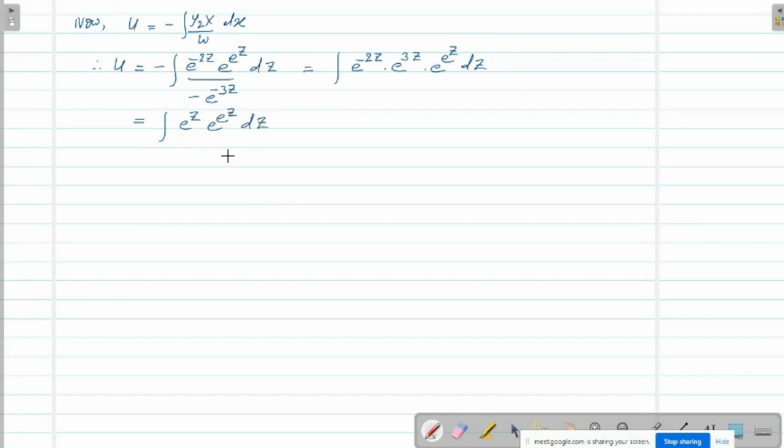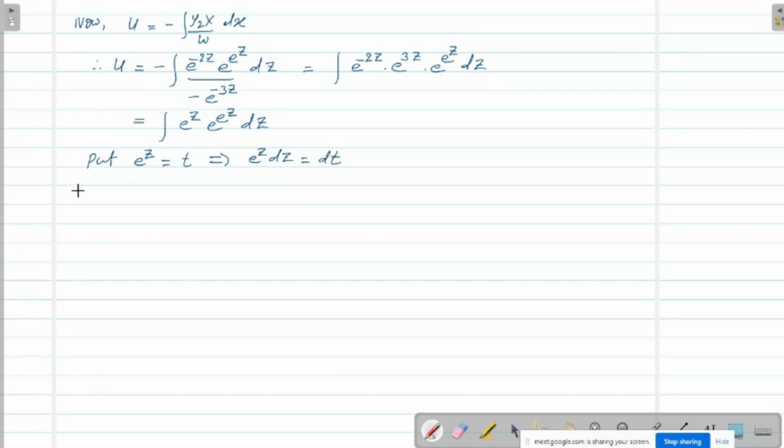Solve this. Put e raised to z equal to t. So this implies that e raised to z dz equal to dt.